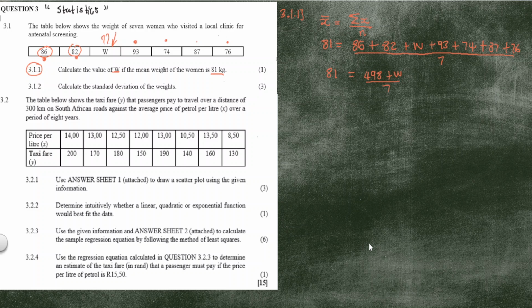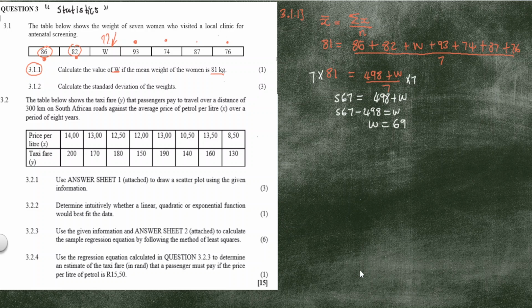We multiply both sides by 7: 81 times 7 is 567, equal to 498 plus W. Then we transpose 498: 567 minus 498 equals W, so W is equal to 69. This is how we work out the value of W.